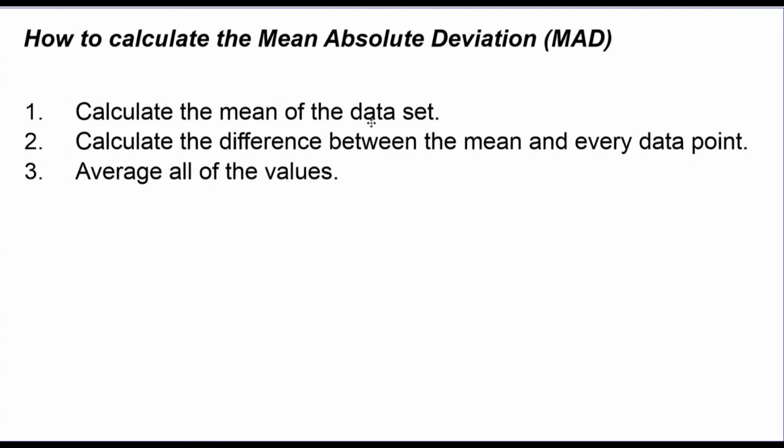We want to list how far away from the mean is every point in our data set. And here we want to use the distance, so it's the absolute value. We're not going to be using any negative numbers when we find the difference between the mean and the data points. We're going to find out how far away it is using a positive number. And then lastly, we're just going to average all of those values.